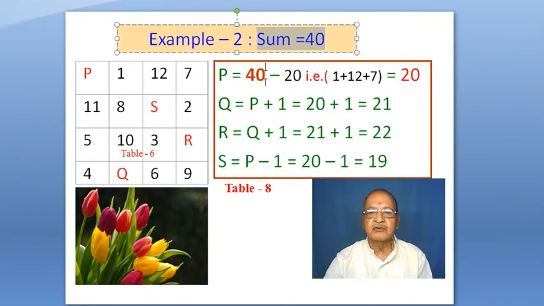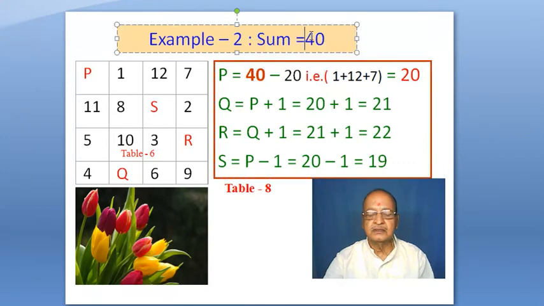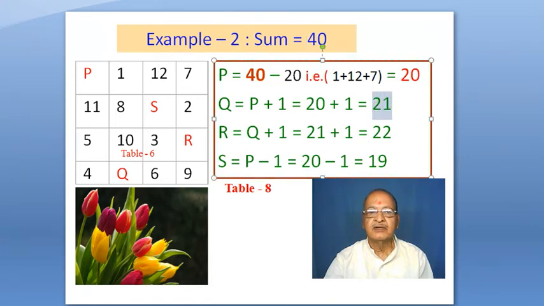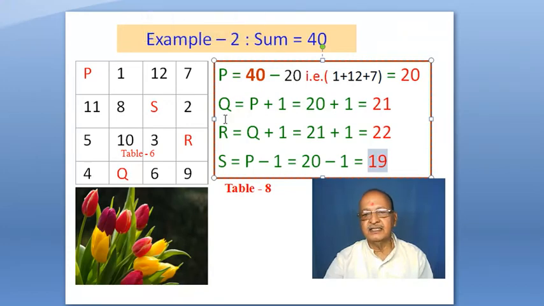We are taking 40 here. 40 minus 20, 20. Then q is p plus 1, 21. Here we are calculating 22, q plus 1, and then p minus 1. S is p minus 1, that is 19.